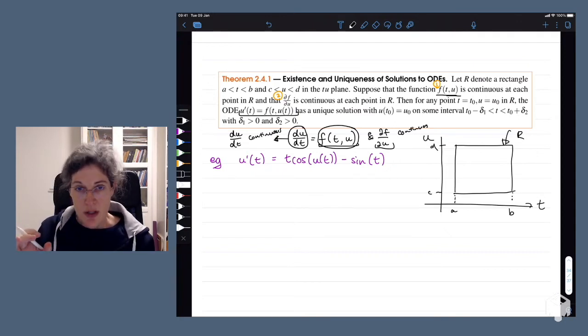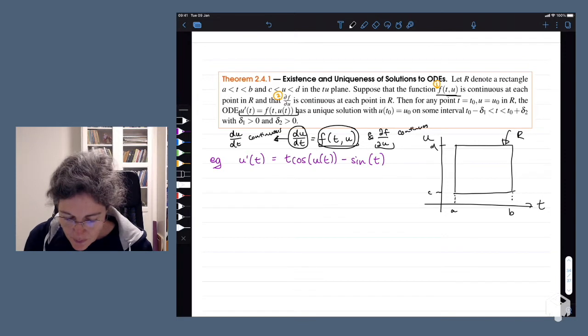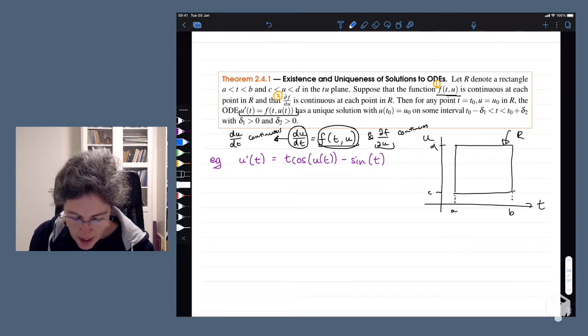Okay, so if those criteria are met, then for any point t naught, u naught, so if I take any point in here, the ODE that we're interested in, which is this one over here, has a solution with u of t naught equal to u naught.